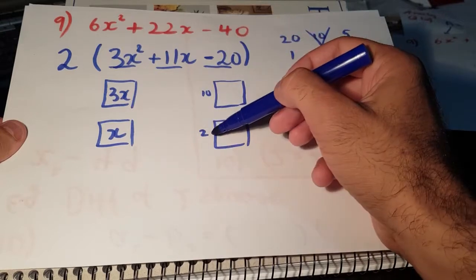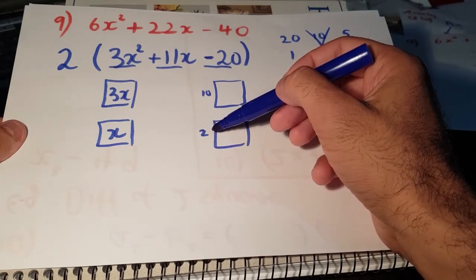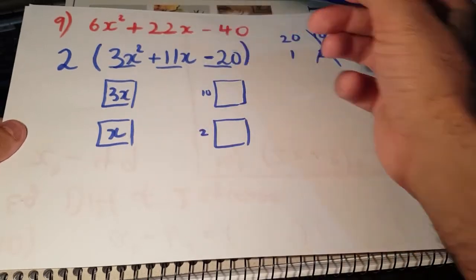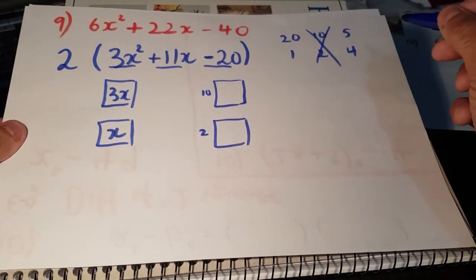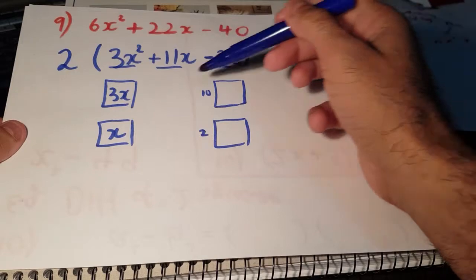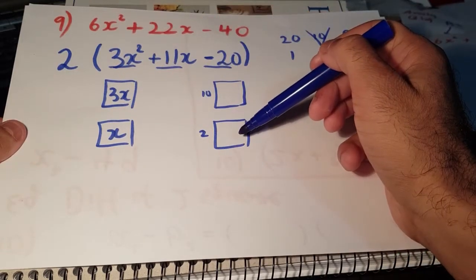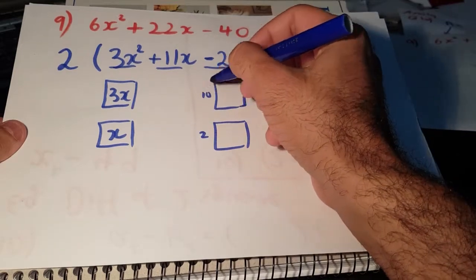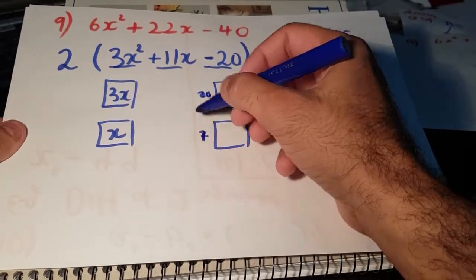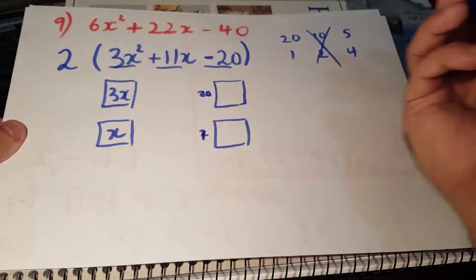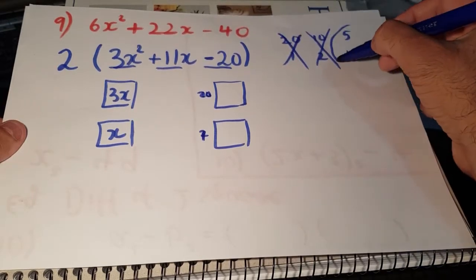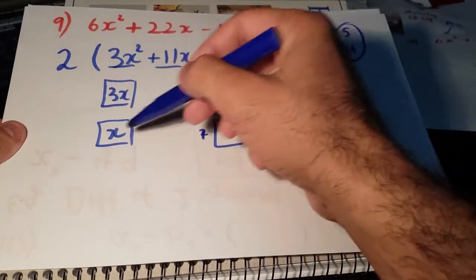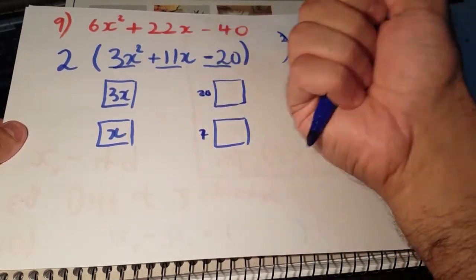So 3x times 2 is 6x, and 10x. Does 6x and 10x ever give you 11x? It won't, so that's done. This one is guaranteed not to work because we have 60x times 1. Let's swap it around, so make this 20 and make that 1. So that's 3x and that's 20x. That still won't work. So we know it has to be these two factors that when we cross multiply them, we get 11x combined.